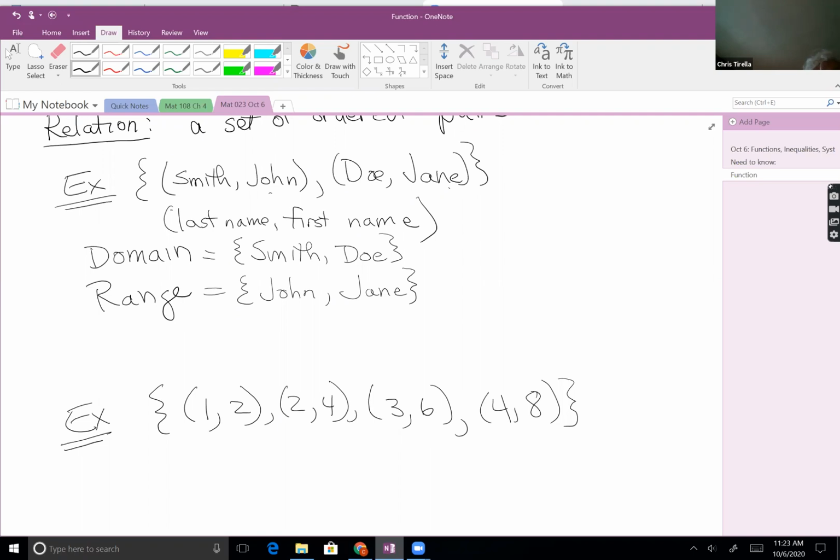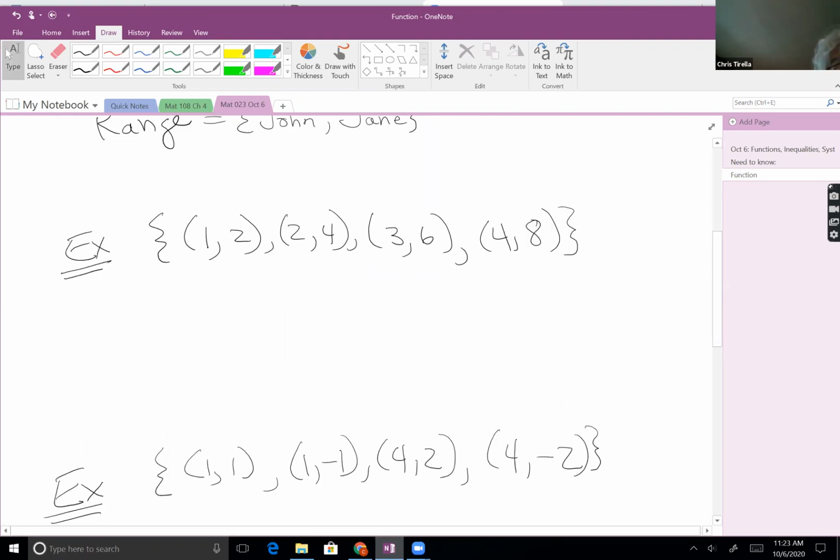So if I look at this second set, what would be in the domain? Can anybody help me list the elements of the domain? One, two, 3, and 4, the first members from each.